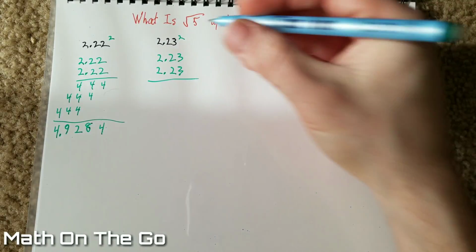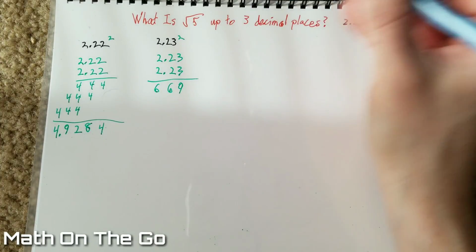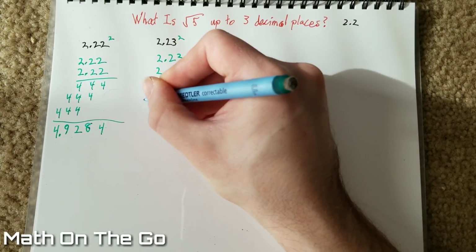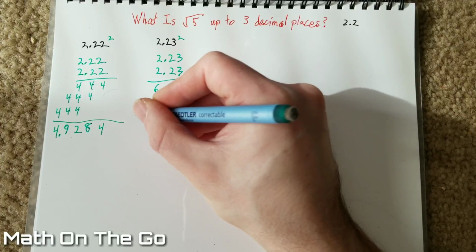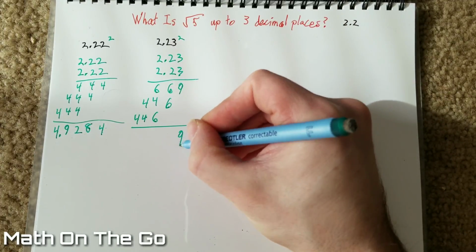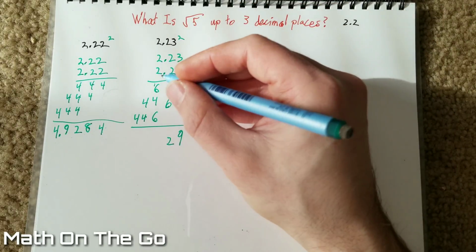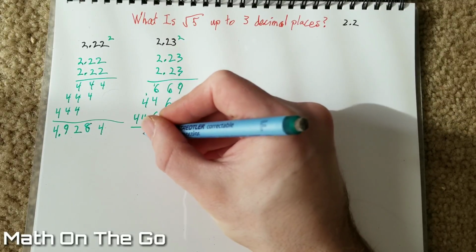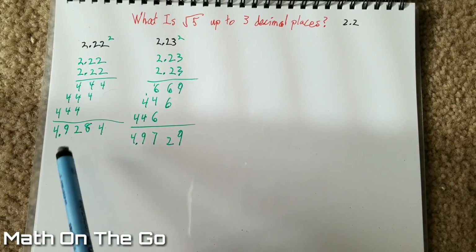We'll multiply that, and we end up with 4.9729. Okay, that's even closer. As you can see, our hundredths is getting closer. But can we get closer by going up to 2.24?